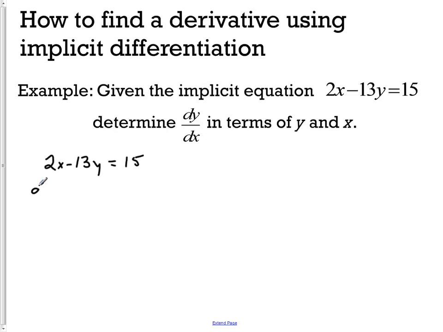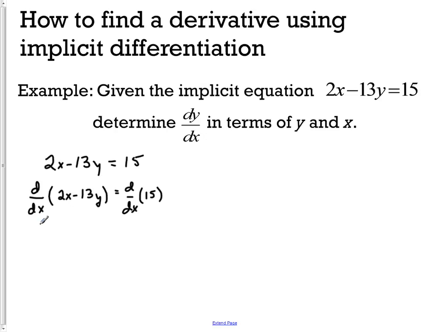It means that on the left-hand side, I treat that entire expression as though it's some function that contains x, y's, whatever I've got over there, and I'm going to take the derivative of all of that with respect to x. And on the right, I'm going to take my derivative also with respect to x. So I have a derivative on the left and a derivative on the right, all in terms of x.